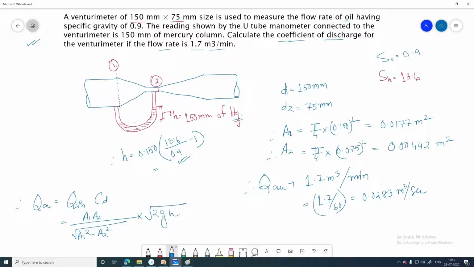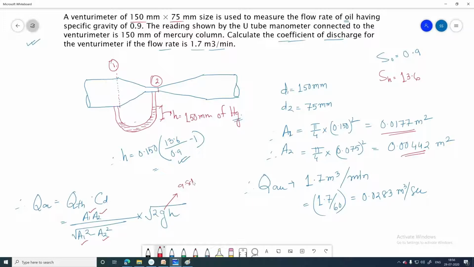Okay. So all the values you already know. A1 that we got, that is 0.0177. A2 is also known, this is in meter square. Here A1 and A2 same value. Now G is 9.81.